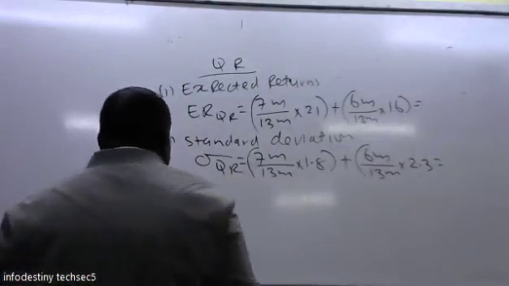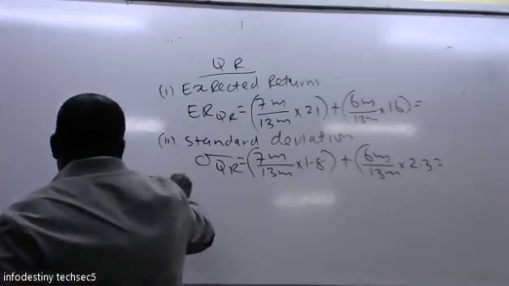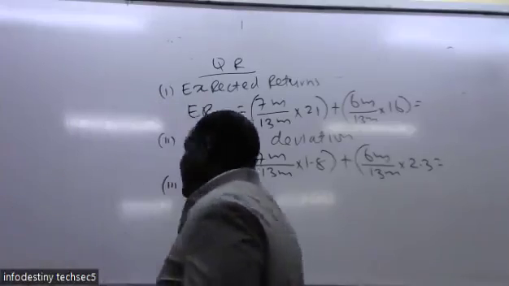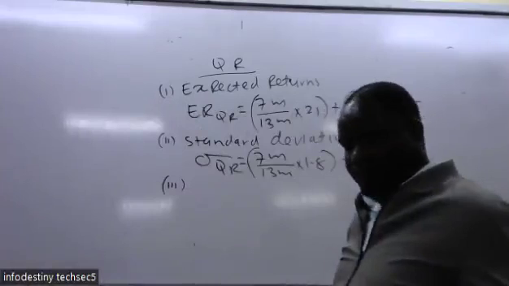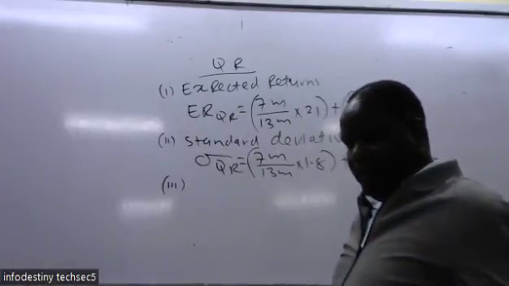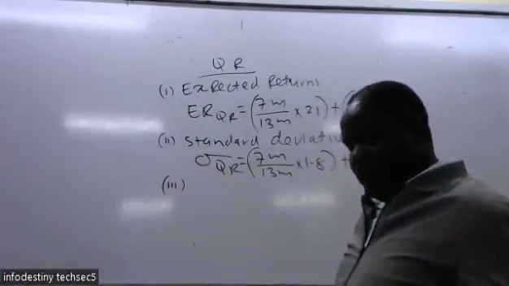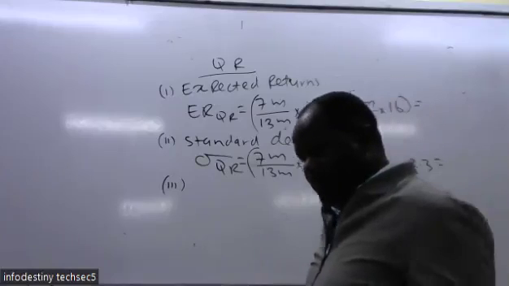After that, we get to number 3, which is meant to be the correlation coefficient.